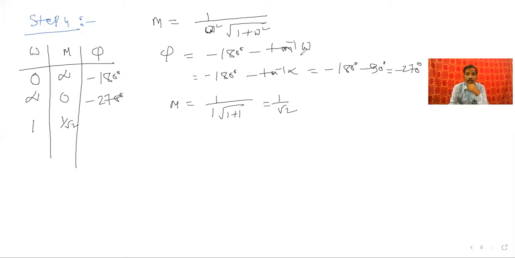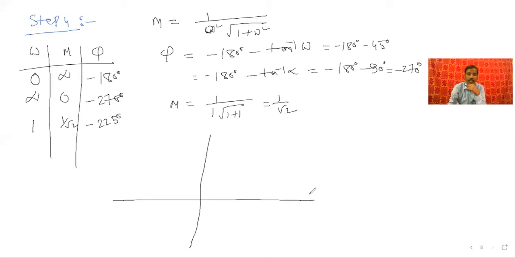Then put here 1. Then minus 180 degree minus 45 degree equals to minus 225 degree. So draw the polar plot.